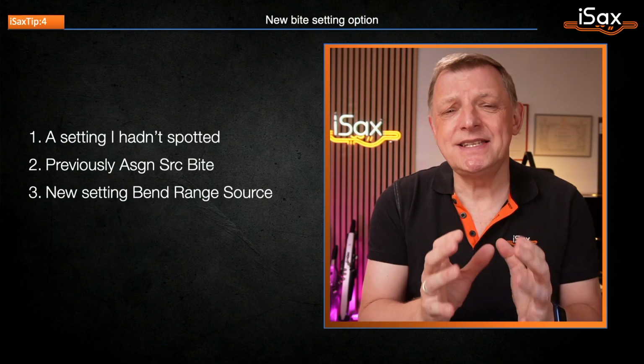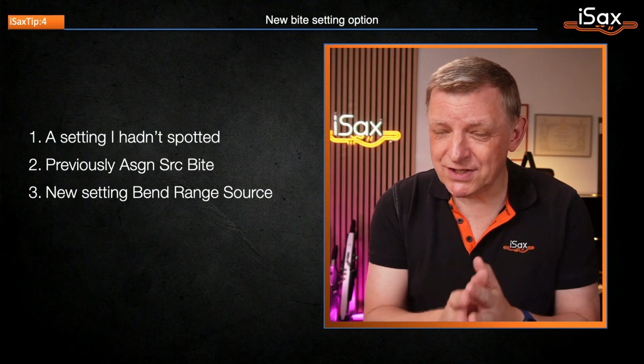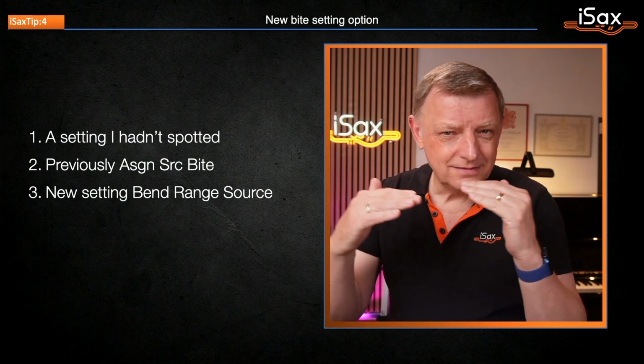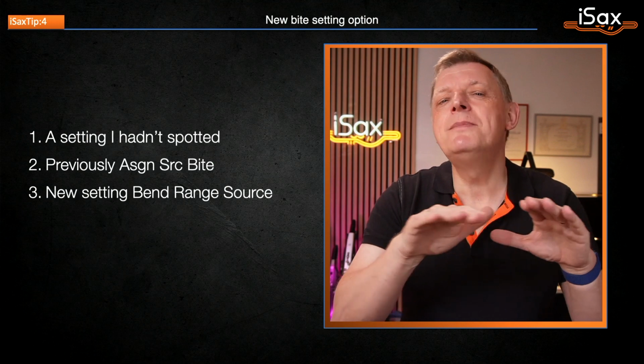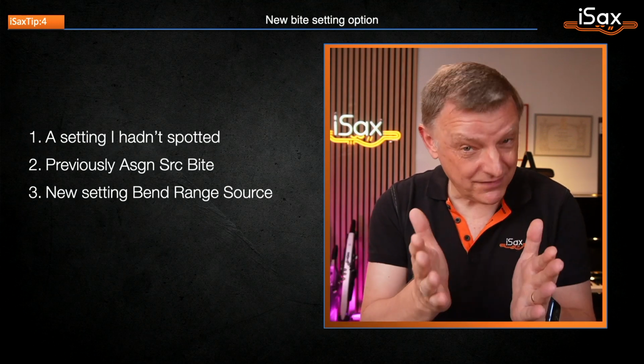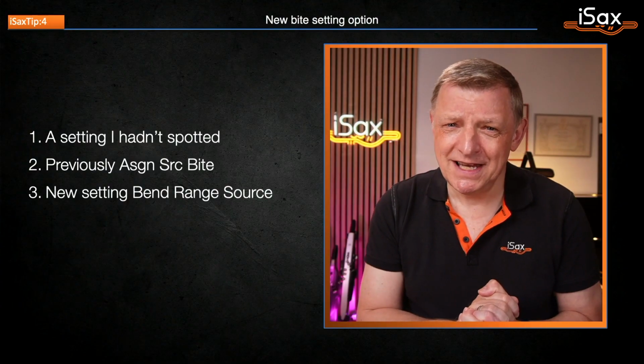So this is now the setting that I suggest you set to system so that your bend range, your bend control remains consistent throughout all scenes, if that's the way you want it to be. Of course, we've still got the old bend setting, the assign bend source. Stay with me. Now that is still present, but it does something slightly different.